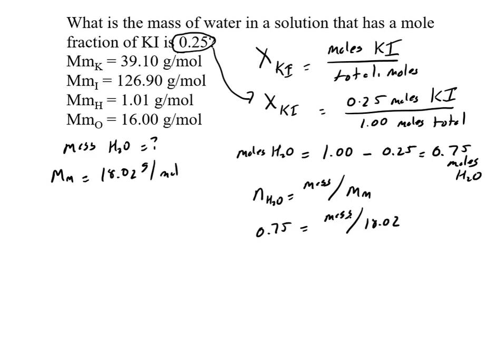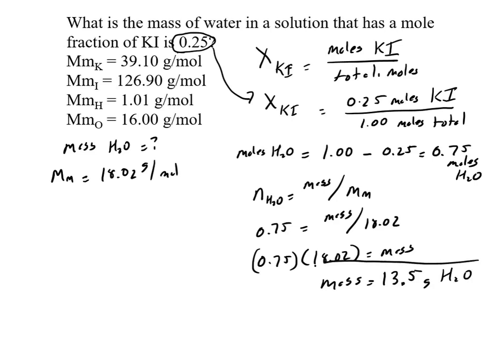So to get rid of the fraction, I simply multiply both sides by the 18.02. So this is 0.75 times 18.02 is equal to mass. And the mass of the water is going to be equal to 13.5 grams of water. And that's all I had to do for that particular problem.